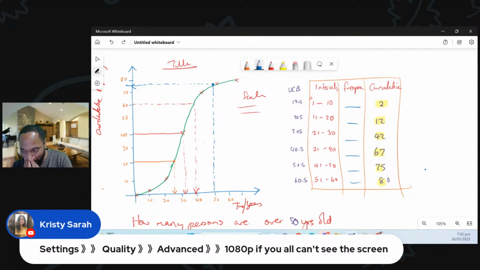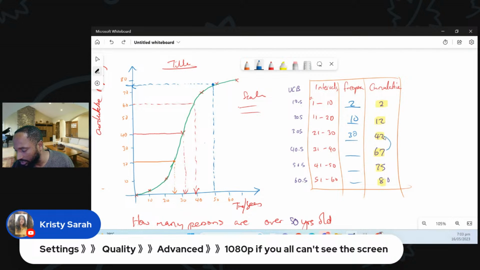So you put in your cumulative frequency and then you're working backwards. Here's what you're supposed to do: you put 2, then 12 take away 2 is 10. And 10 from 42 gives 32, then 30, 2, 10, and 30, 12.